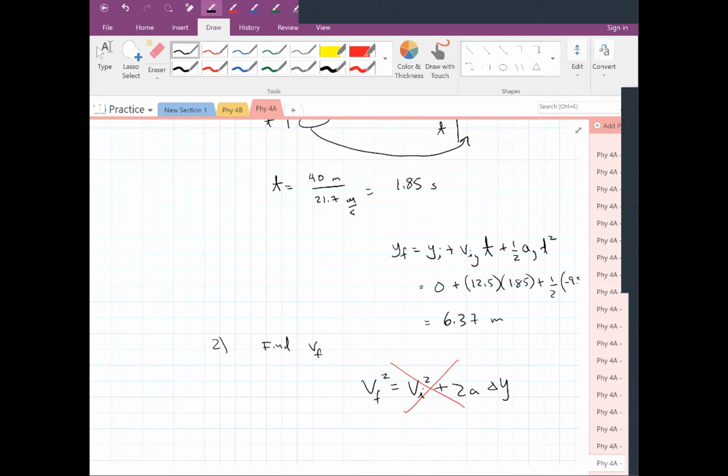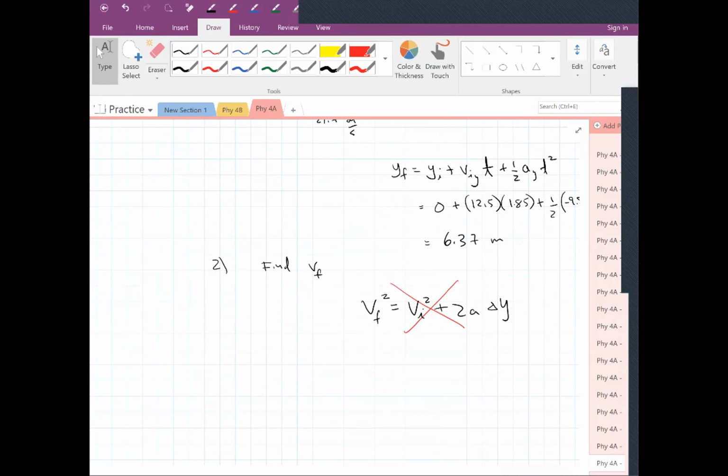When we take the square root at the end, it could be positive or negative. We would have to know the sign from other information in the problem, and we're trying to use the equation to get the sign of V final. So we can't use this equation. We would use something like this one.